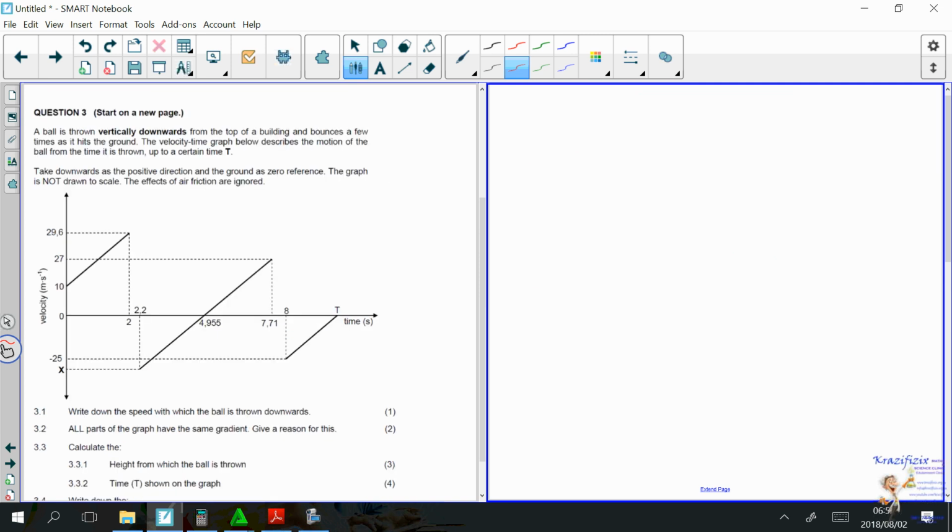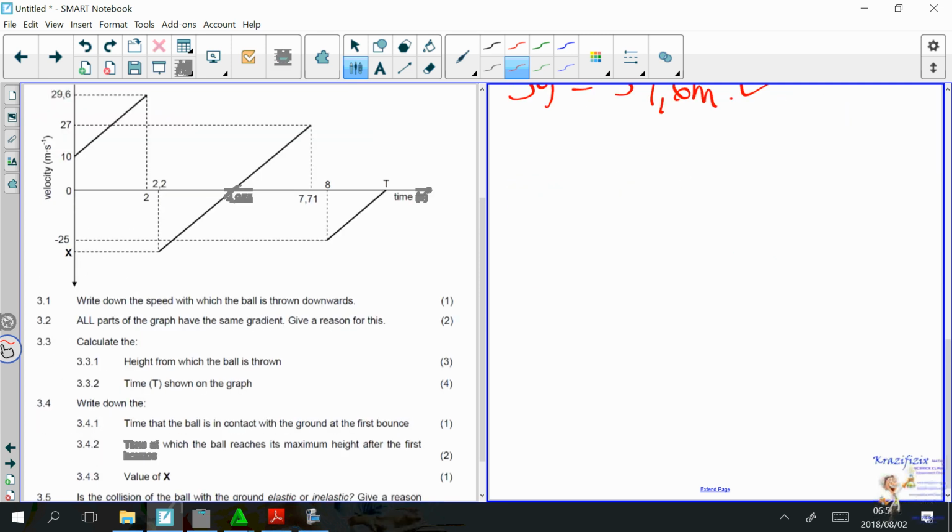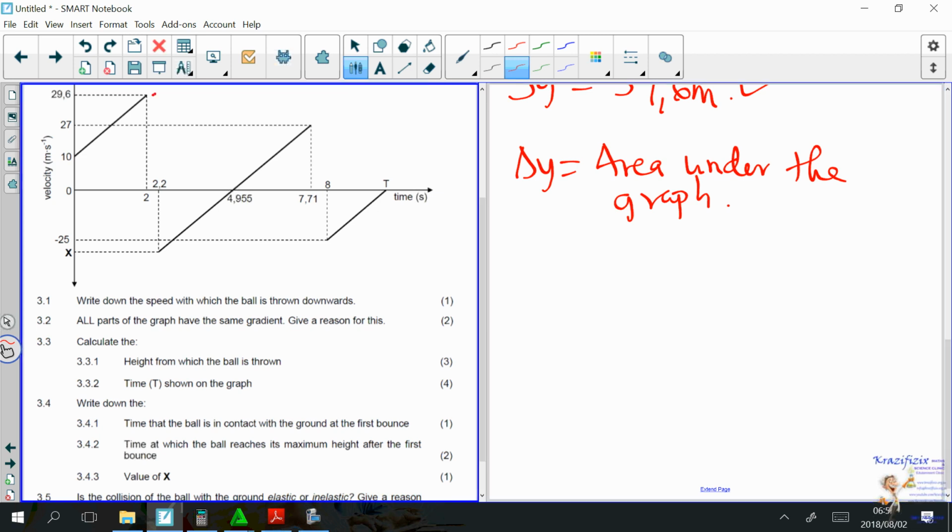Awesome. By the way, can I use my area formula? We said displacement is equal to area under the graph. Let's see how this works. Look at my graph. I'm dealing with 2 seconds, so I can break that into 2.